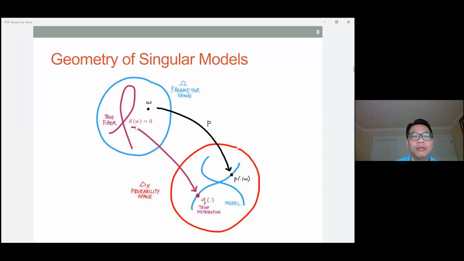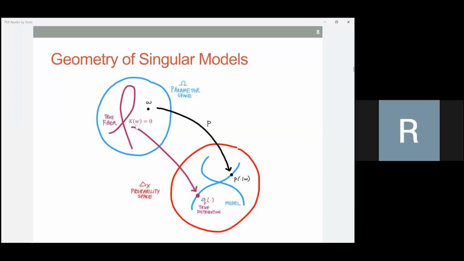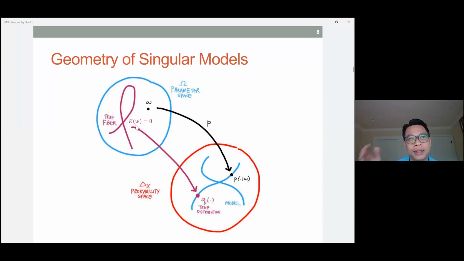So for this talk, I won't go into the details about some of these more complicated issues. But if we look at certain statistical models, like Gaussian mixtures, or mixtures of independence models, we can show that the singularities here are going to be algebraic.